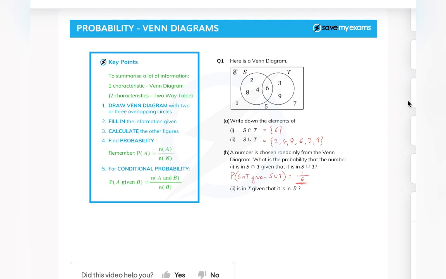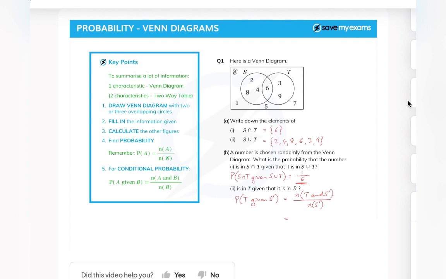Now the second one we haven't written down the elements for, so let's do it a bit more formally. So we've got the probability of T, given that it is in not S. S dashed means not S, and so that'll be the number of elements that are in both T and not S, and divide that by the number of elements in not S. Well, let's have a look at that on the diagram.